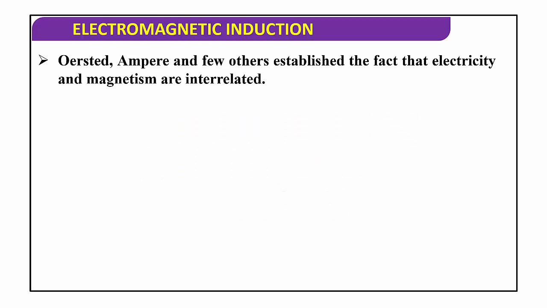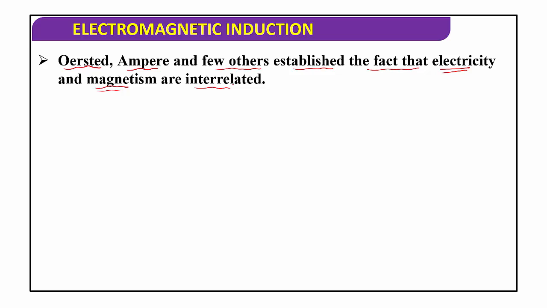See here, the scientists Oersted, Ampere and a few other scientists established the fact that electricity and magnetism are interrelated. There is an interrelation between electricity and magnetism. So what is that relation? We know that electricity means electric current.